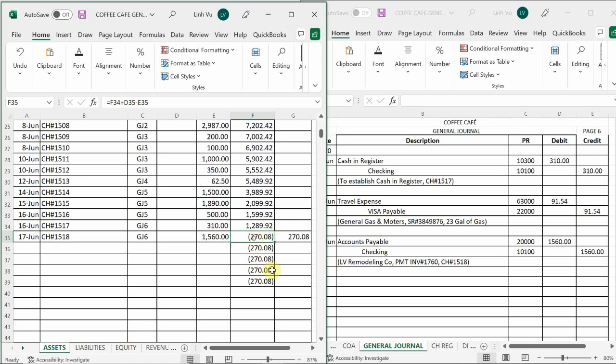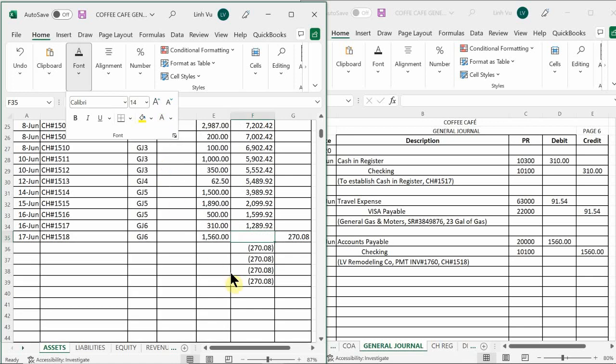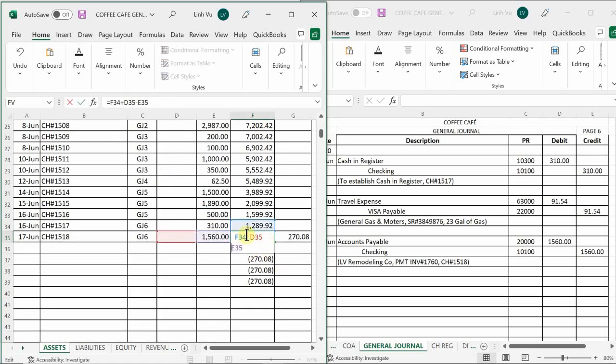So what I want you to do here, to avoid deleting or getting rid of that formula that you have intact, I just want you to go ahead and type in the credit number that you have. And what I'm going to do here is I'm just going to white it out by changing the font color so it becomes invisible, right? The formula is still inside, but I changed the font color so I don't see it anymore.